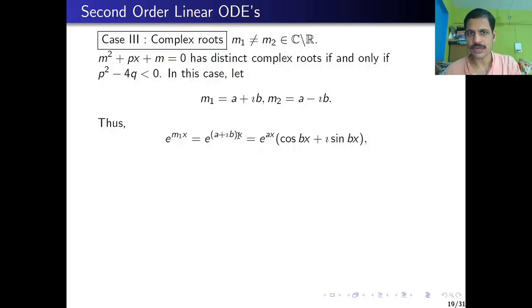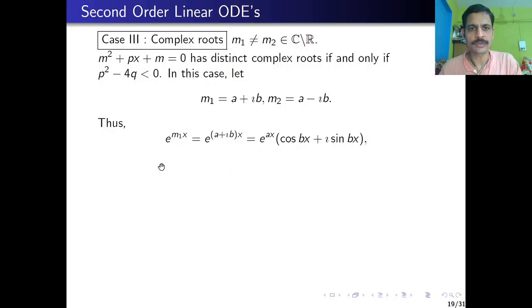So e raised to iota bx using Euler's identity can be written as cos bx plus iota sin bx. Here we get that the solution is a complex valued function which is not a real valued function, but we want the solution to be a real valued function. So we will obtain a real valued function as a solution from this.